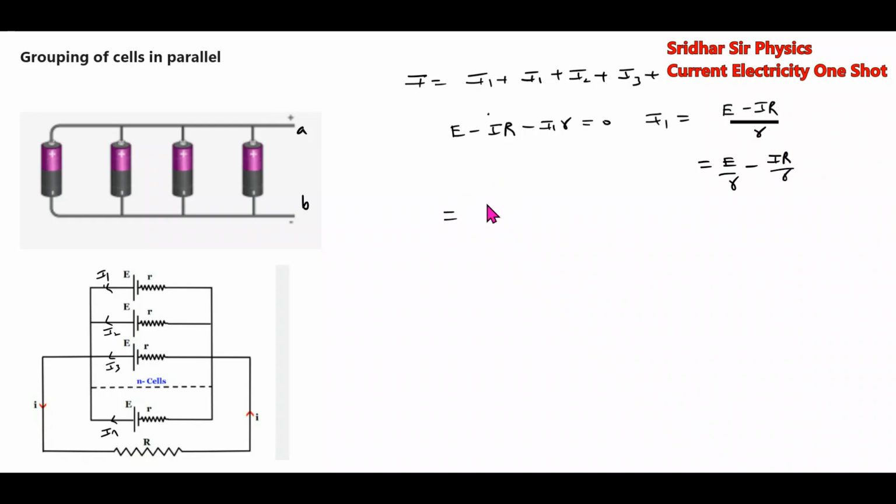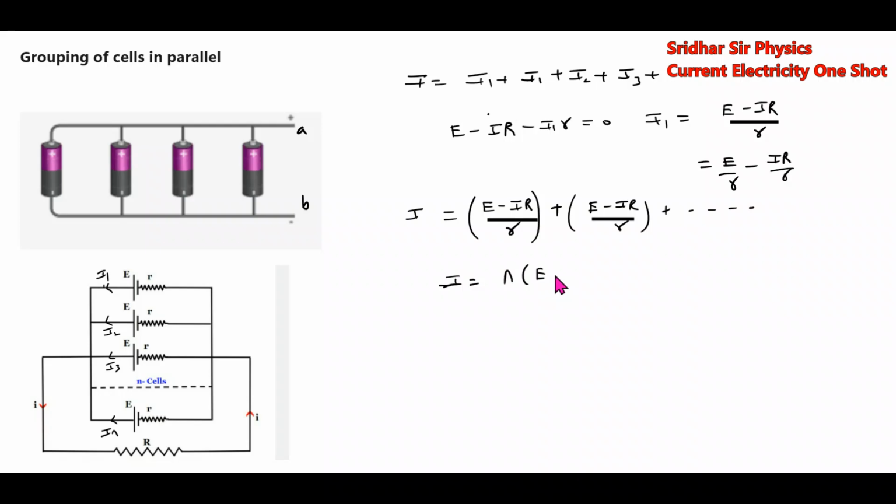We'll substitute all the values. All currents will be the same, Ni it will become, and then substitute the internal current here, and so on. What is the total?